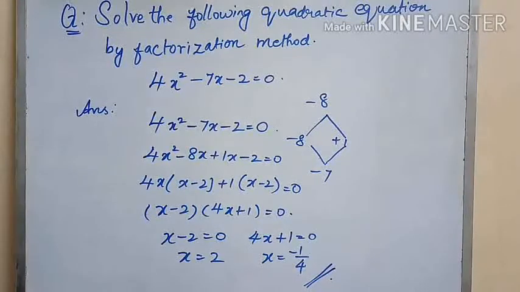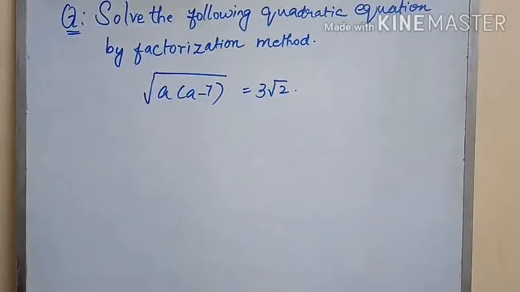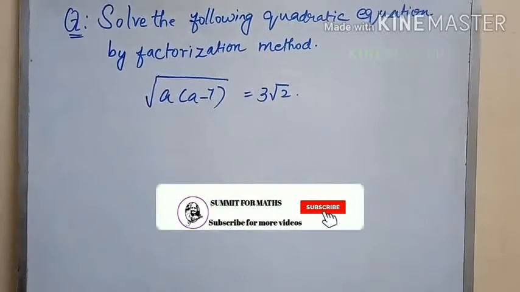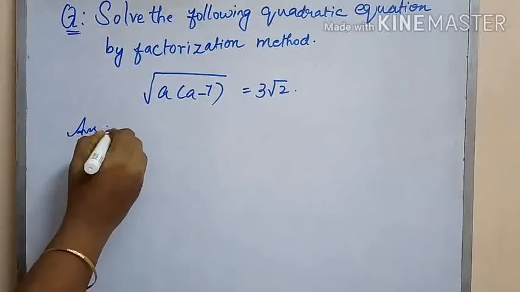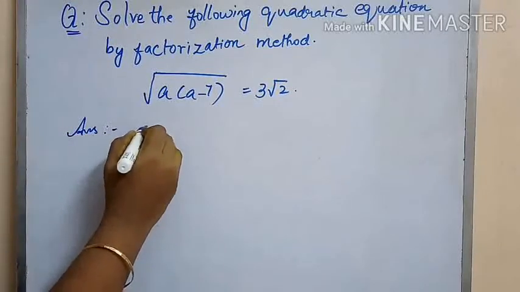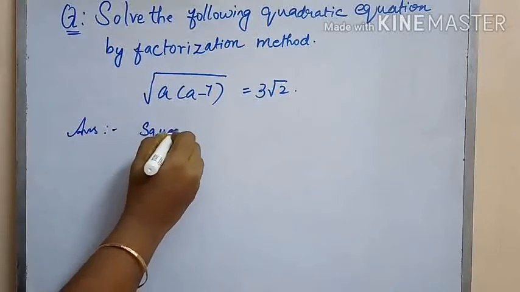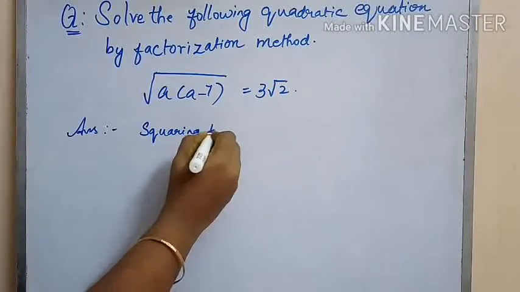The next problem for the session is root of a into a minus 7 is equal to 3 root 2. Let us square both sides in order to remove the square root sign.